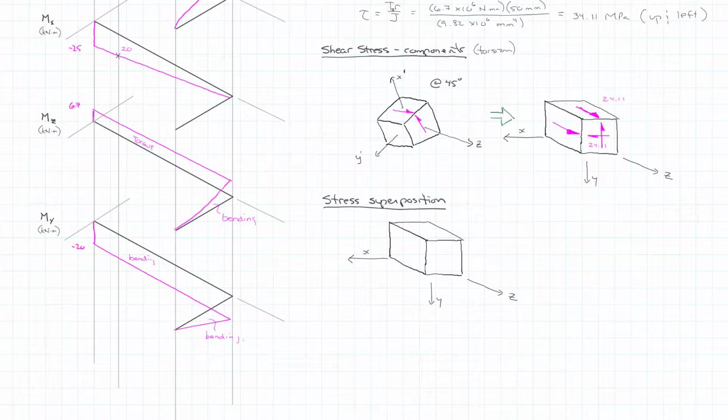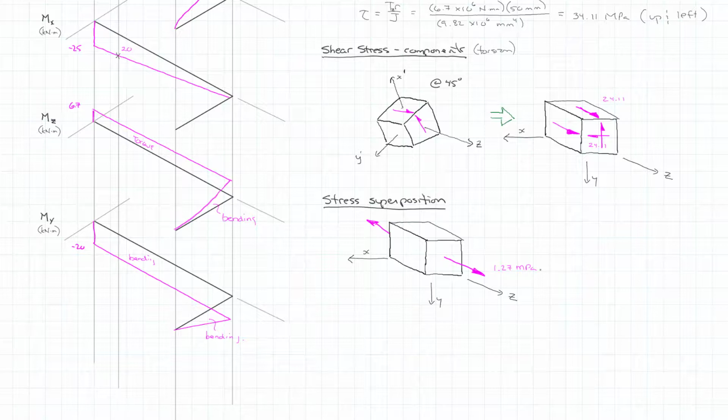And so I end up with a 1.27 megapascal tensile stress, so I can draw that in. And that obviously is reflected off the back. I can see that. And so that's 1.27 megapascals. And that leaves us our shear stresses.